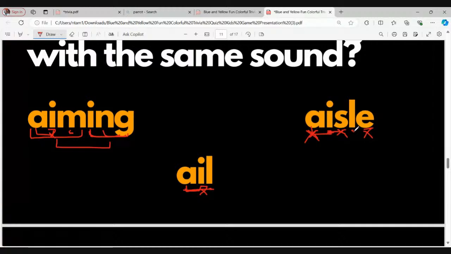And what does this I really refer to? I want to see you guys say that in the comment section, to tell me what type of isle this refers to. So this isle is not like an island.